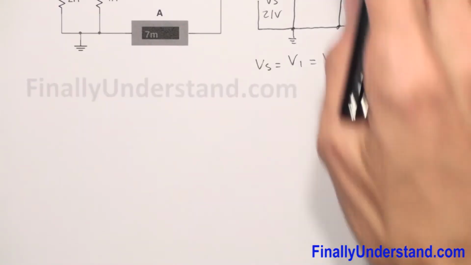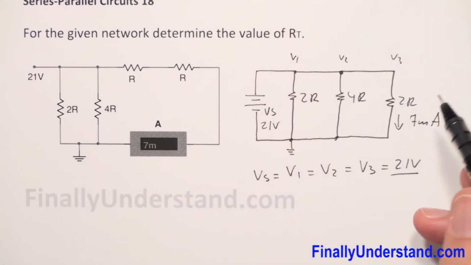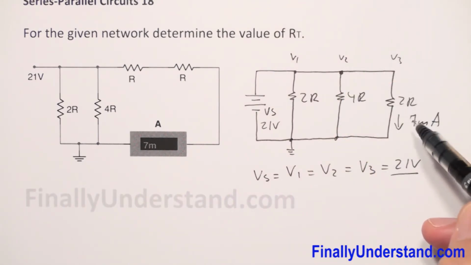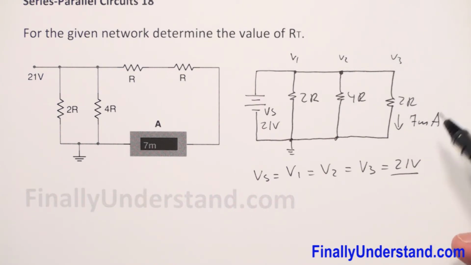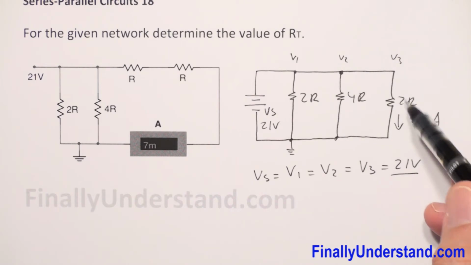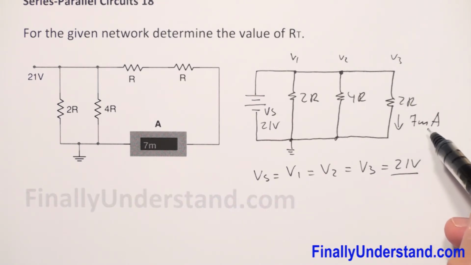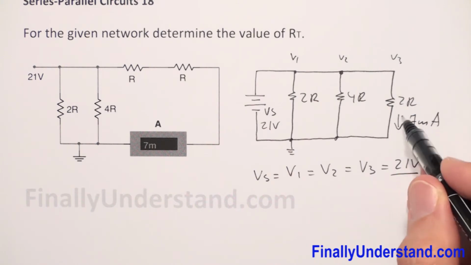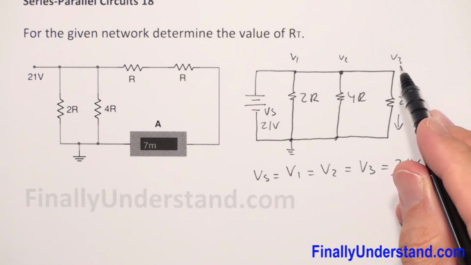So the voltage source is equal to the voltage across each resistor. We always look for the component which has at least two pieces of information. Please notice that this resistor has the current given, which goes through this resistor, and we also have the voltage.